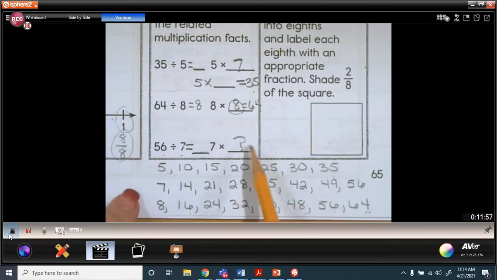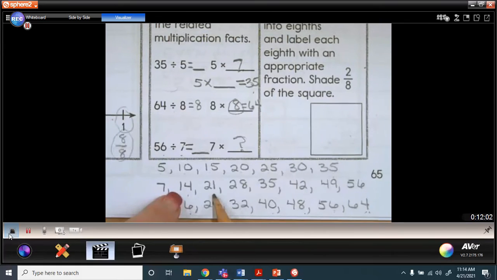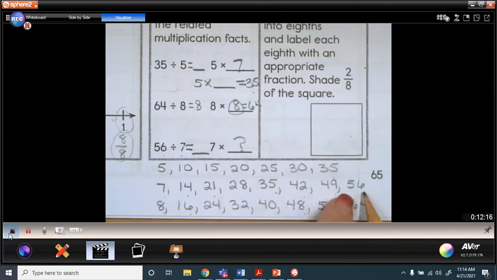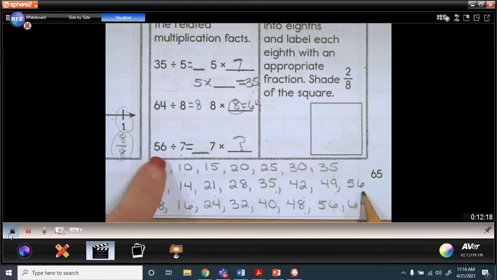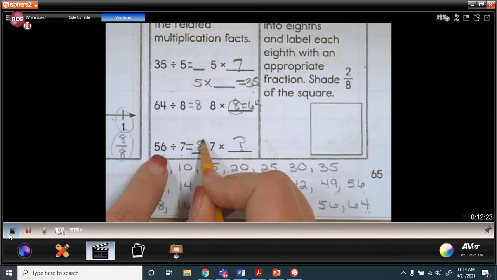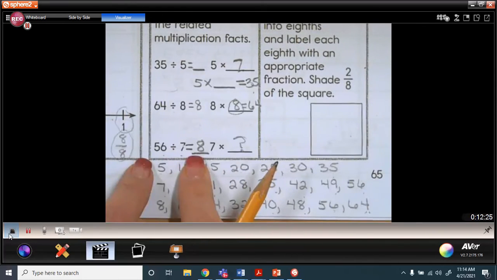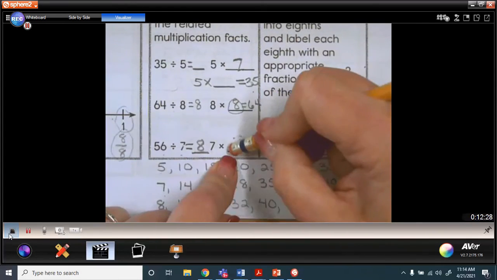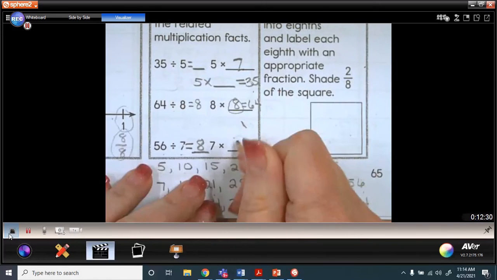And so if I do that and count by 7s, I have 7 plus 7 is 14, plus another 7 is 21, plus 7 is 28, plus 7 is 35, plus 7 is 42, plus 7 is 49, which is 7 times 7, and 7 times 8 would be 56. So to get to 56, I need 7 groups of 8. So my missing factor here is going to be 8.